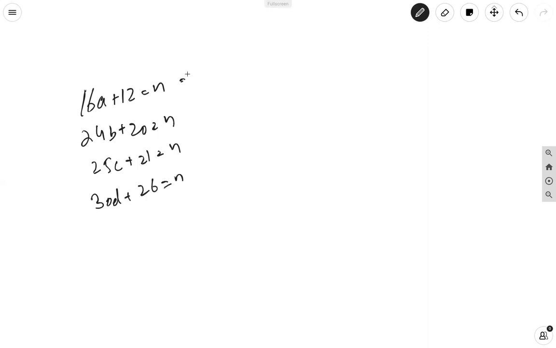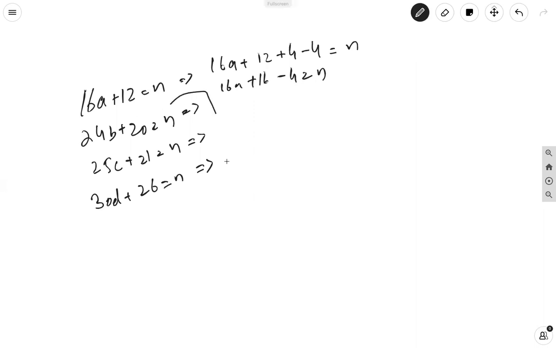Now let's try to alter these to get some common form. In 16a plus 12, if I add and subtract 4, it doesn't matter, because I'm just trying to make some form out of this. So this becomes 16a plus 16 minus 4 equals n.